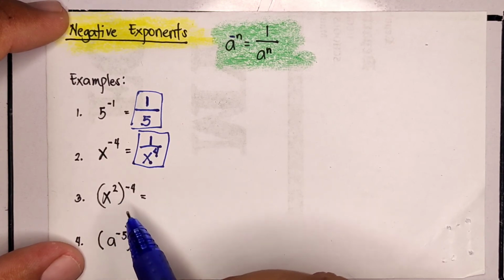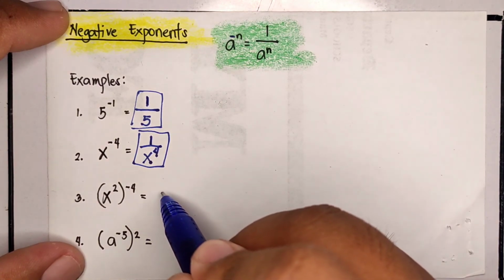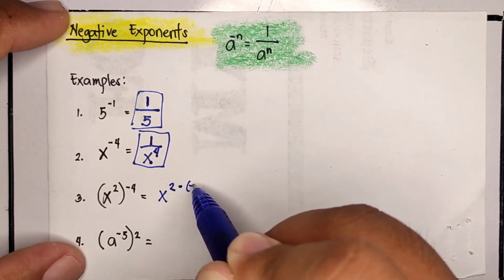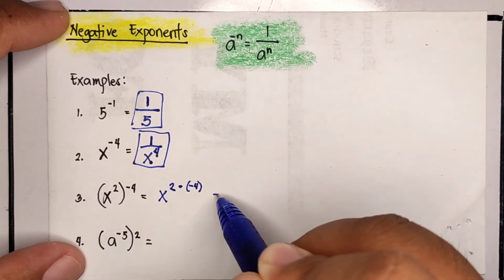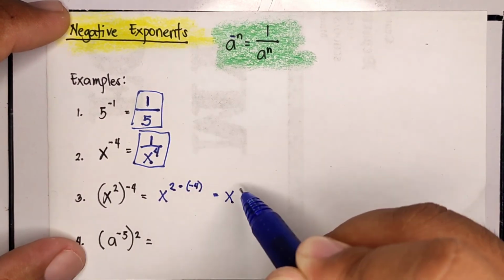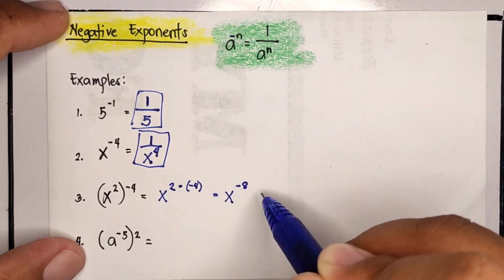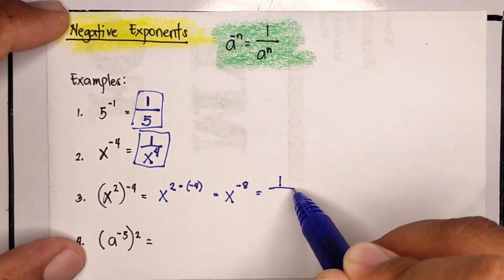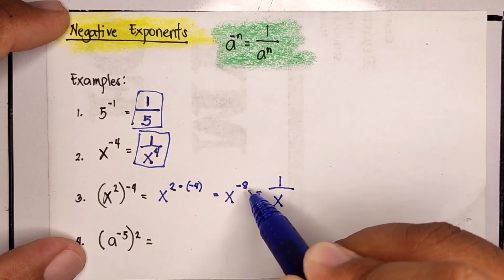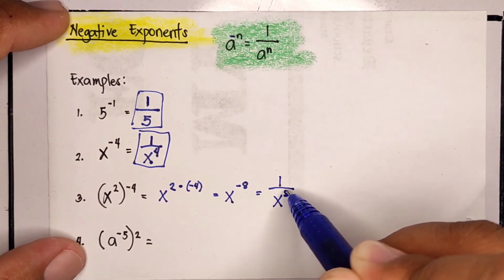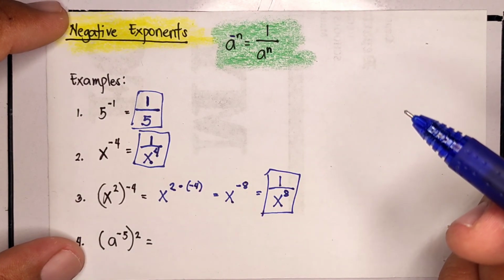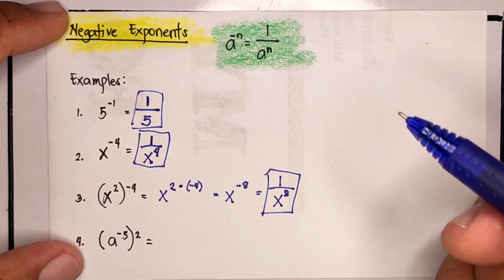Apply first the power of a product rule. We have here x, 2 times negative 4. And that is x raised to the power of negative 8. And since it is a negative exponent, 1 over x, ano yung exponent? Magiging positive 8. And that is 1 over x raised to the power of 8.